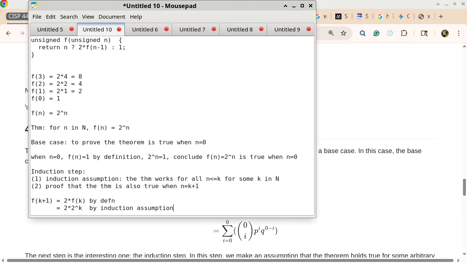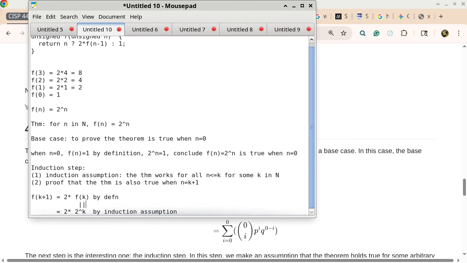No, no, no, we're still dealing with k. We are only focusing on this part, expanding to this part here. Okay, let me put a vertical equal here. Are we comfortable with f of k is 2 to the power of k because of the induction assumption?